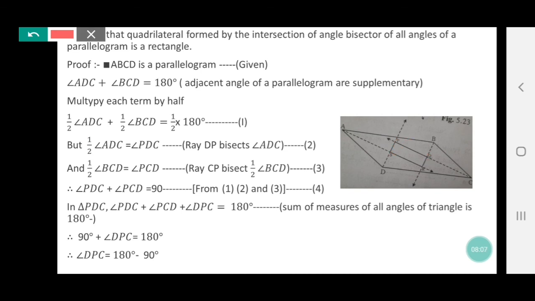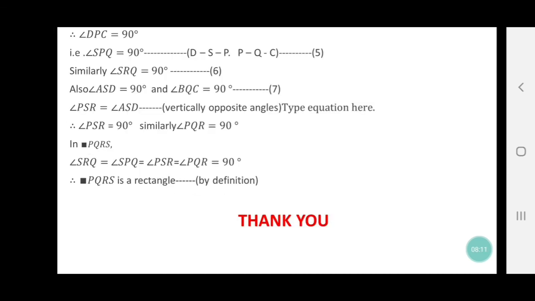Now we move to the last part of it. Angle DPC is 90 degrees, that is, angle SPQ is 90 degrees. Why? Because S lies between D and P and Q lies between P and C. As I told you, I can show that angle SRQ is 90 degrees, angle ASD is 90 degrees.